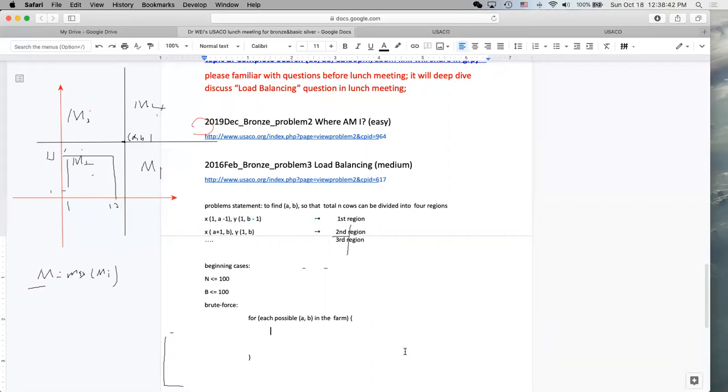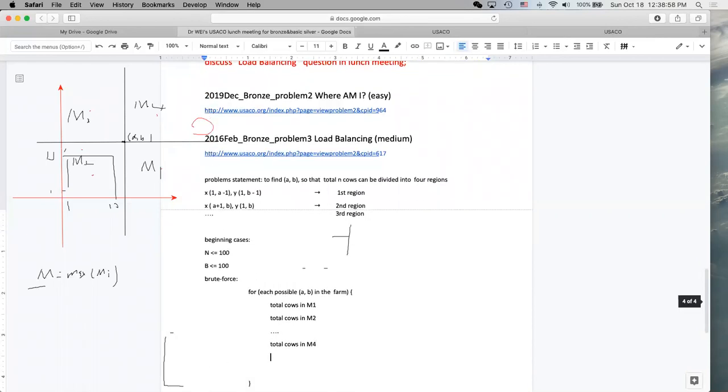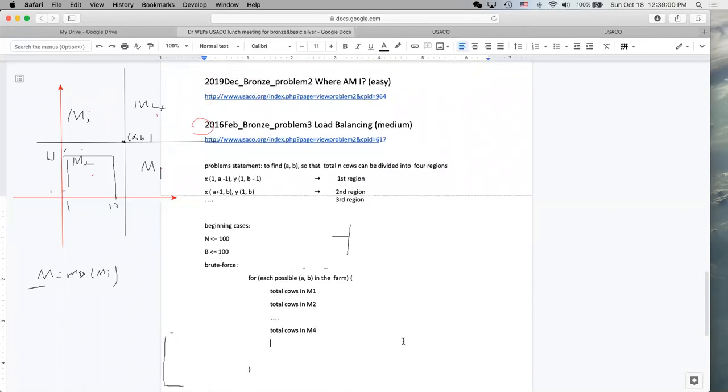So inside of this 4, you will have to find the total cows in M1, total cows in M2, and total cows in M4. And after that, go ahead to define the maximum one.